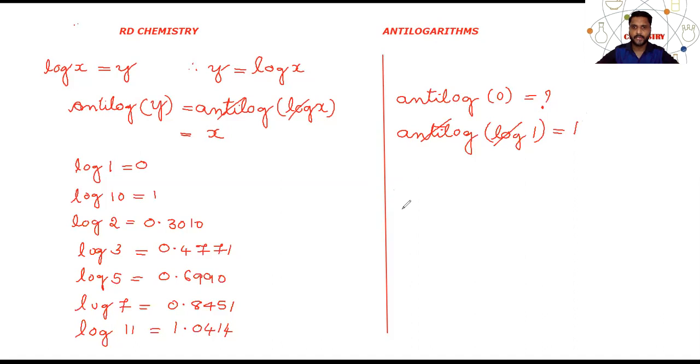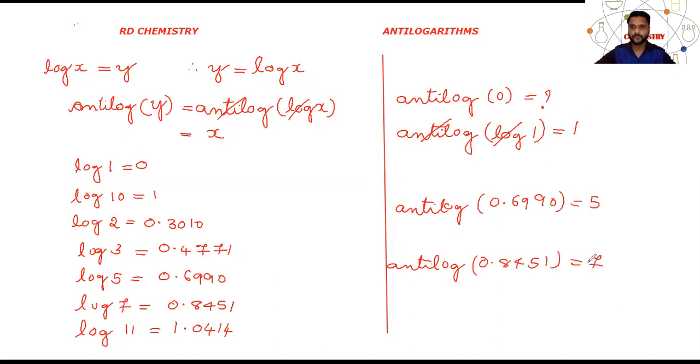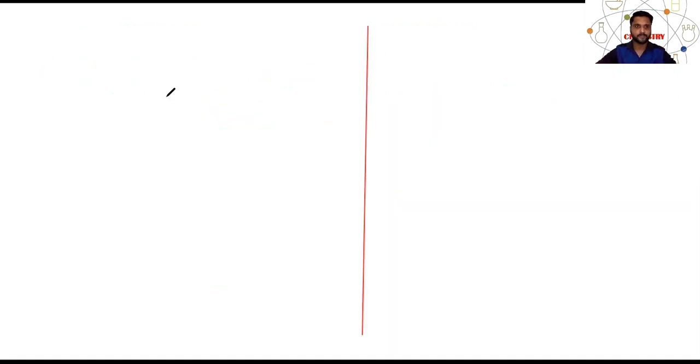Similarly, anti-log of 0.6990 is equal to 5. Anti-log of 0.8451 is equal to 7. So reverse of values will give the anti-log values. We'll proceed for the examples.